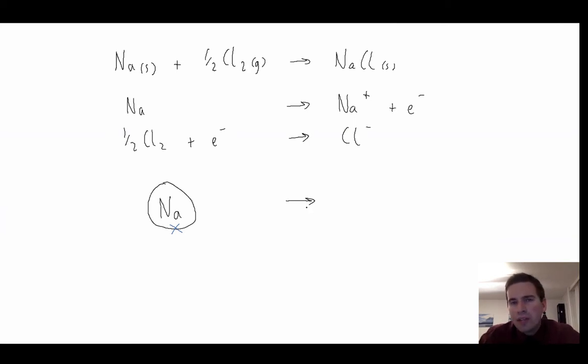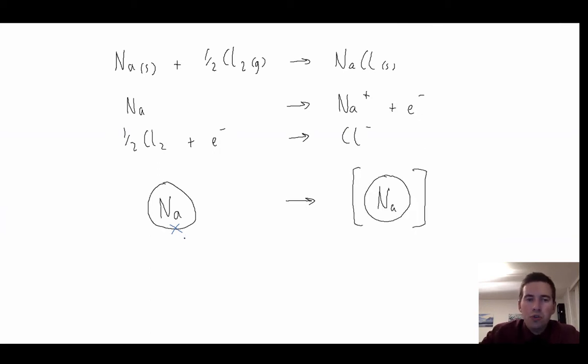So there are two ways you could make the outer shell of sodium complete. Either you gain 7 electrons or it loses 1 electron. Now it is much easier to lose 1 electron. So the sodium ion is formed by losing this electron.